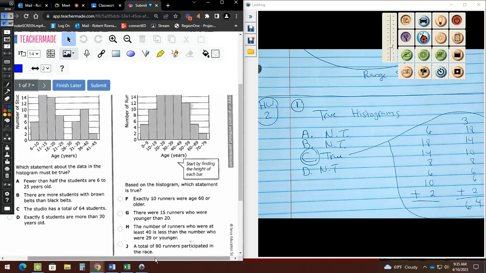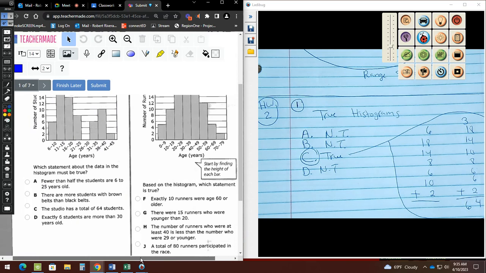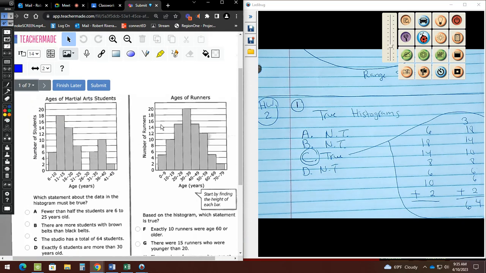So read carefully. And of course, what's between 4 and 6? 5. And what's between 14 and 16? Just to make sure that you understand that these are halfway of them.